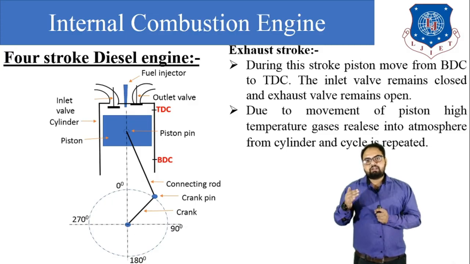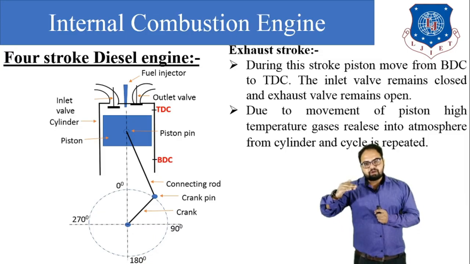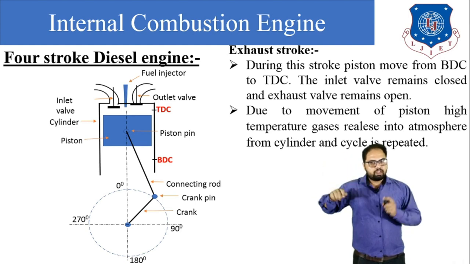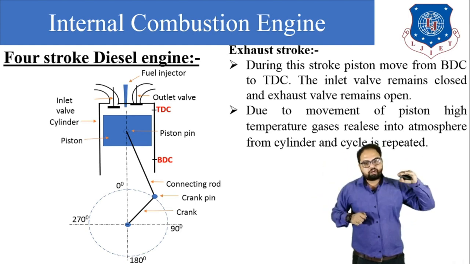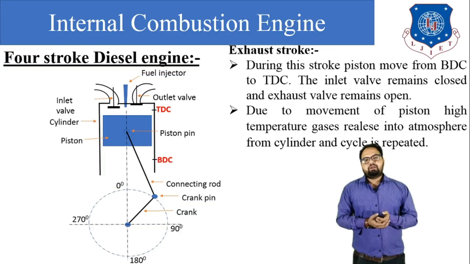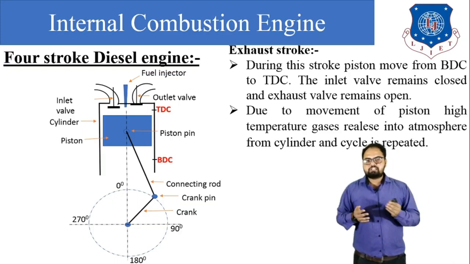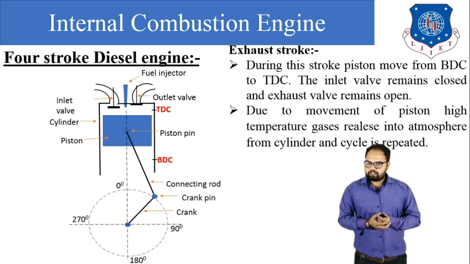During the starting of this stroke, the piston travels from BDC to TDC. At this time, the inlet valve will remain closed, and the exhaust valve or outlet valve will remain open, and all the flue gases will reject to the atmosphere at constant pressure, and hence the cycle is repeated again and again.